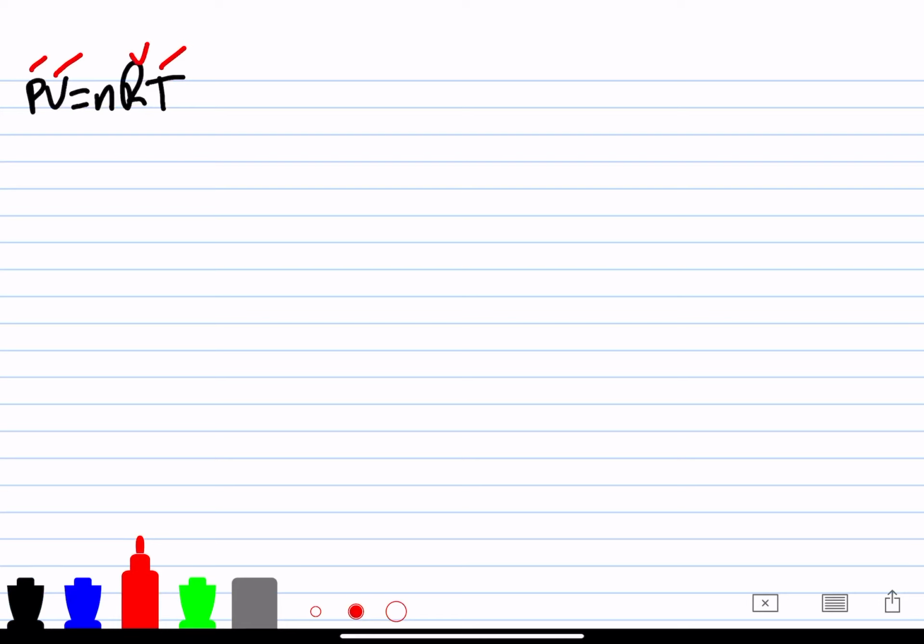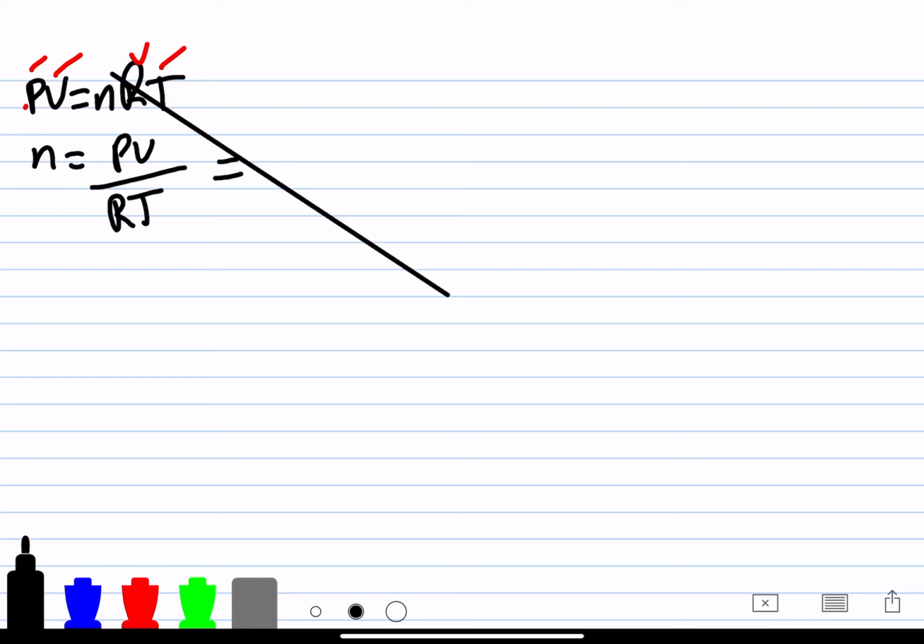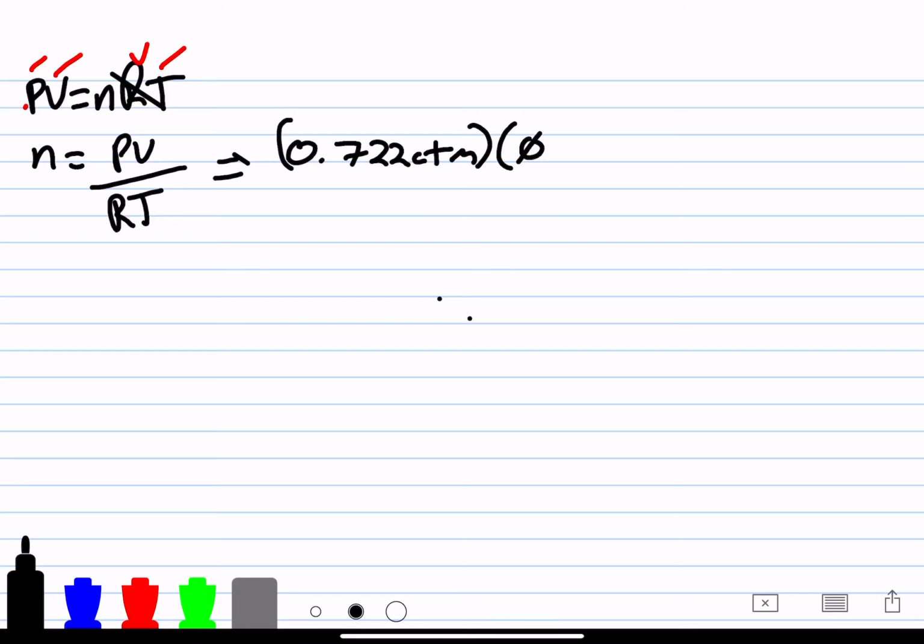Well, R is a constant related to the pressure units that we're using. So we just need to rewrite this equation to solve for n. So n would be equal to PV over RT, which is going to be equal to 0.772 atmospheres times, now we need to convert the volume to liters.